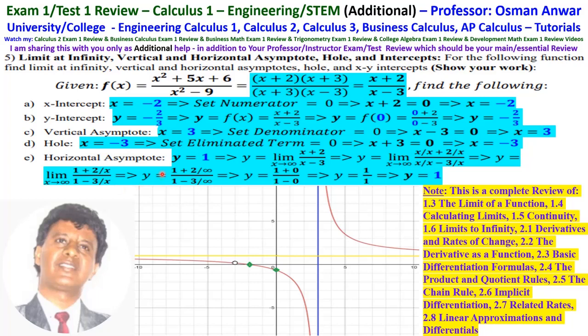Then this is 1 plus 2 over infinity over 1 minus 3 over infinity. This is 0 and this is 0, so this is y equals 1 plus 0 over 1 minus 0, which is 1 over 1, y is equal to 1, which is the yellow horizontal line, that is the horizontal asymptote.